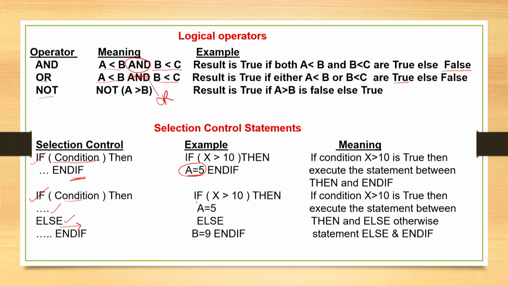So the example says, if x is greater than 10, then A is equal to 5. Otherwise, that is else, B is equal to 9. So these are the logical operators, mathematical and relational operators, and selection control statements used in any algorithm or any flowchart for solving a particular problem.